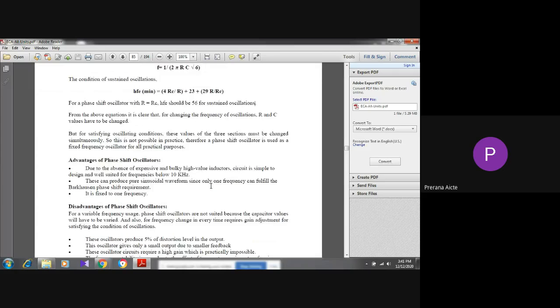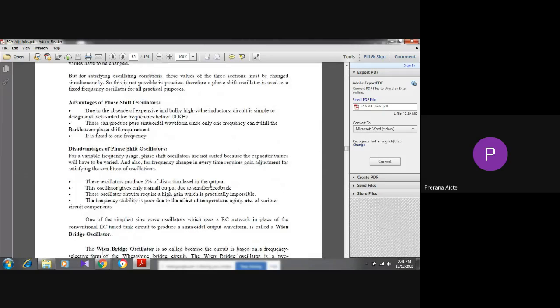Now, these are the advantages and disadvantages of phase shift oscillators.